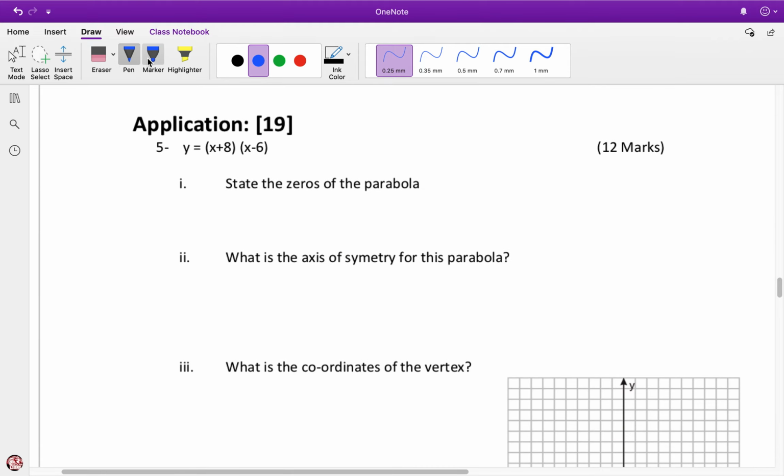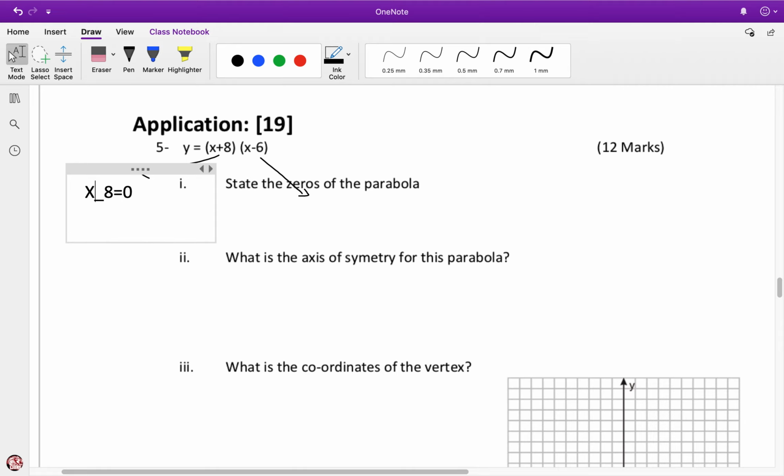So now, state the zeros of this problem. The first thing I do here is I make these both equal to 0. So I go x plus 8 equals 0.